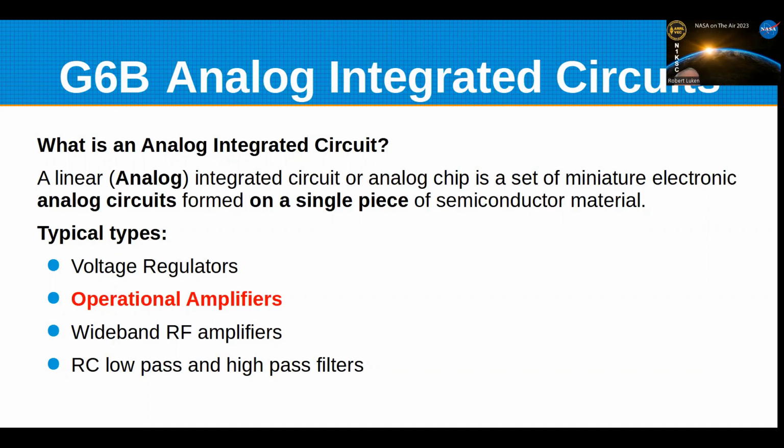Typically, it's going to be a voltage regulator, an operational amplifier, wideband RF amplifiers, fine on high frequency stuff, or it can be filters, low pass, high pass, band pass filters, all in one integrated circuit. Would have to be relatively high frequencies. We would have enough inductance capacitance.